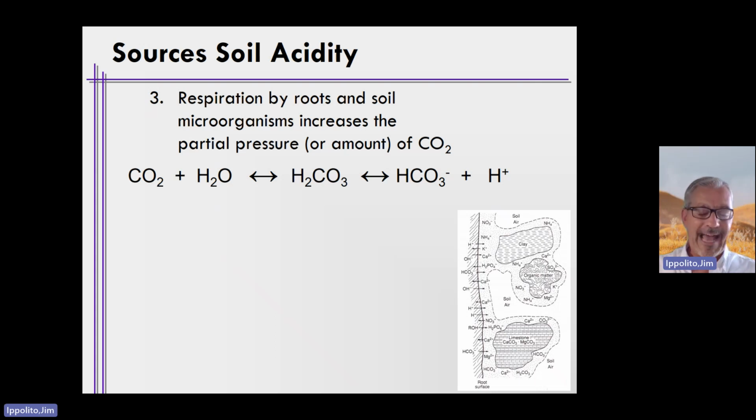And just like in the atmosphere, in the presence of water, the reaction is driven to the right that forms carbonic acid, which can dissociate to form bicarbonate and a free hydrogen ion, which is the source of acidity. Okay, this is natural. This happens all the time, almost all the time on the face of the earth.